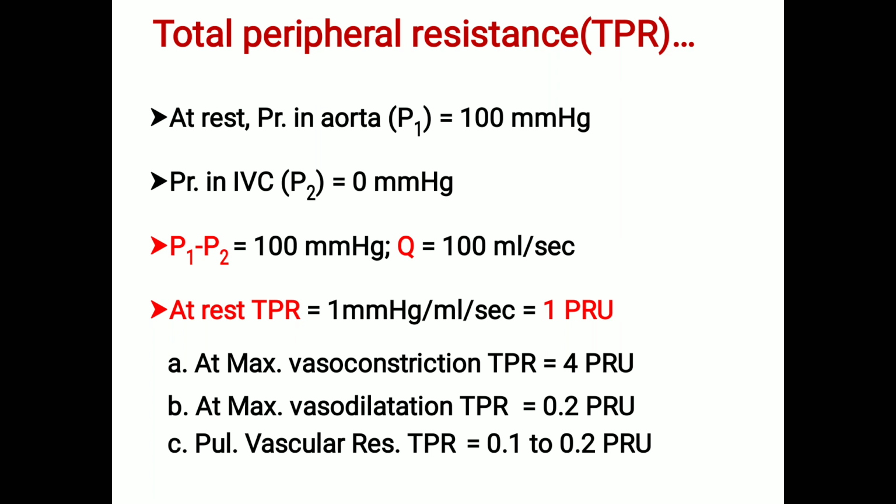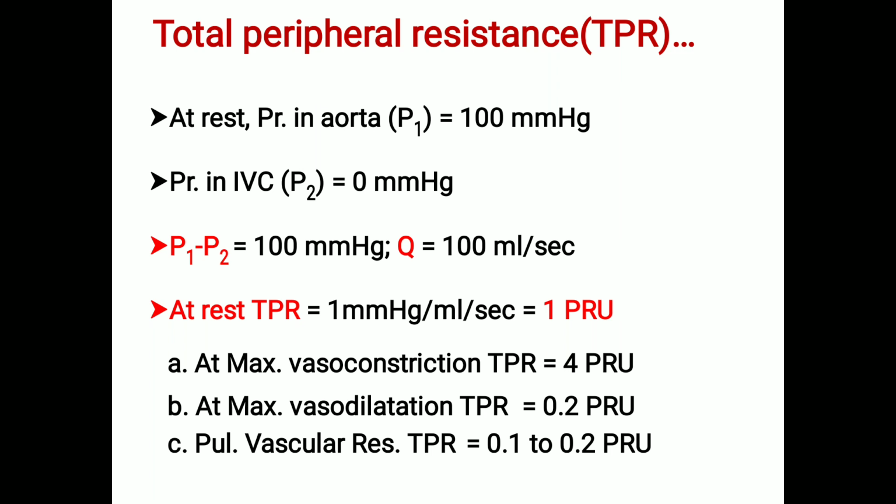At maximum vasoconstriction, the total peripheral resistance is 4 PRU.